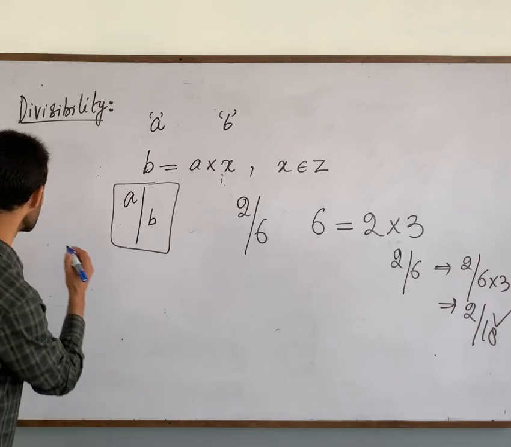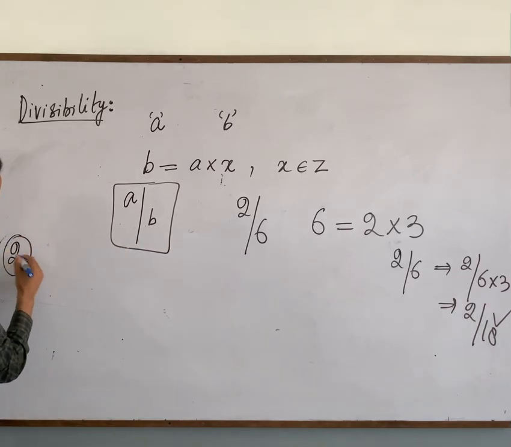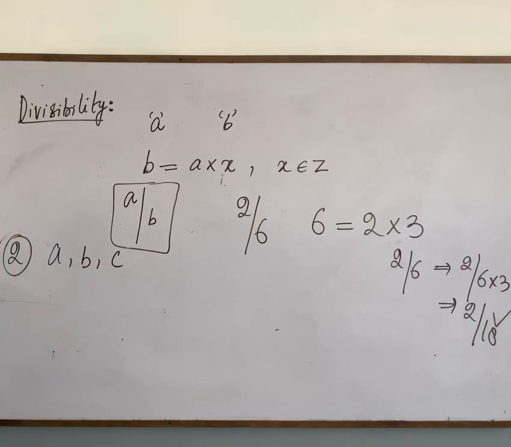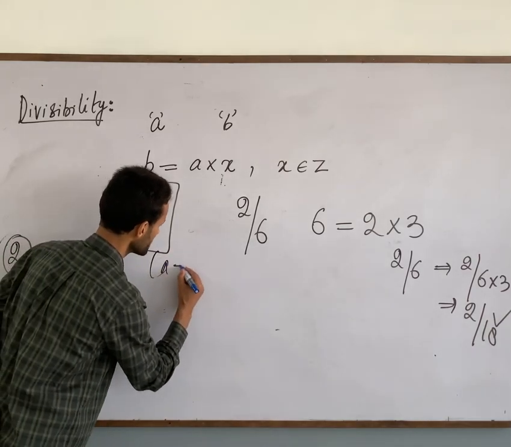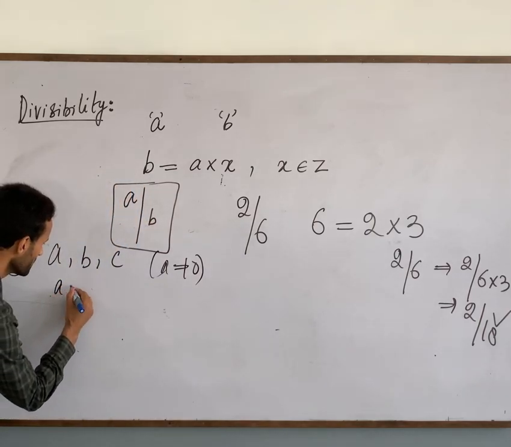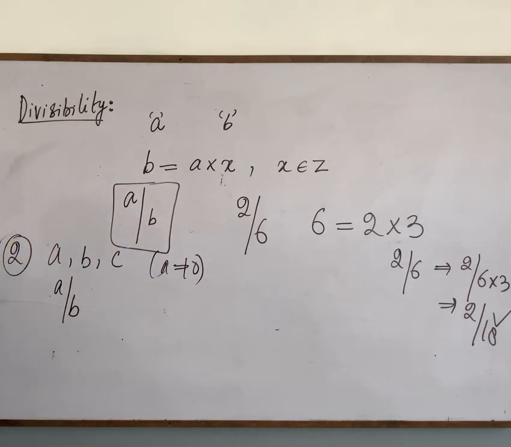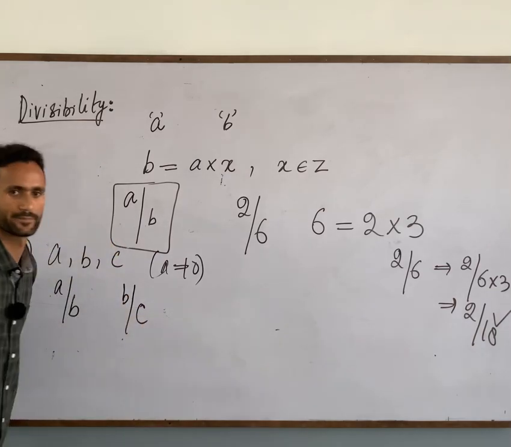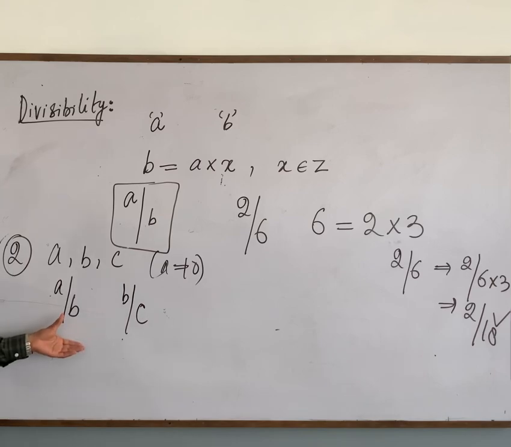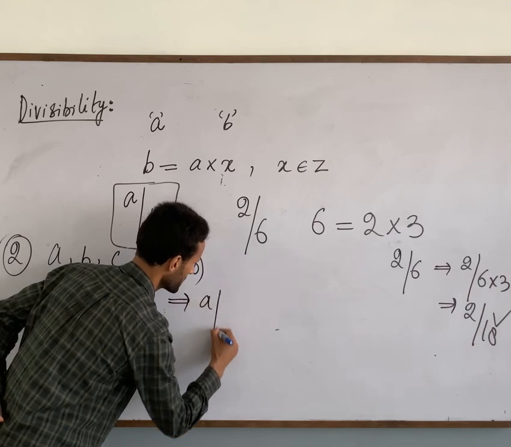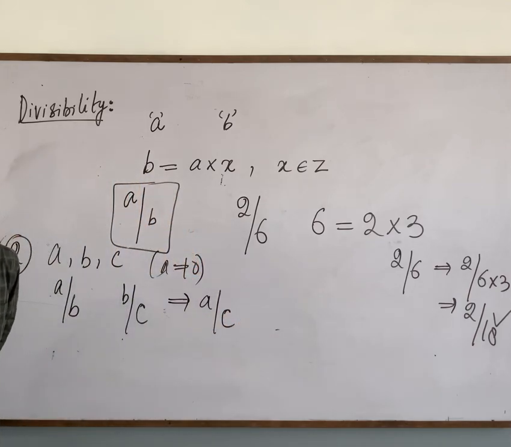Now coming to the second property: if we have three integers a, b and c, and a is not equal to 0. Suppose a divides b and b divides c. If a divides b and b divides c, it implies that a must divide c, right?